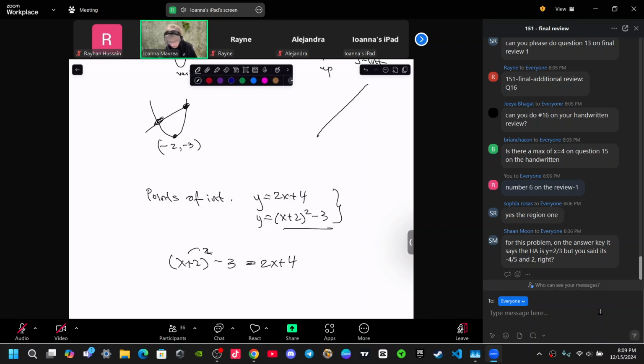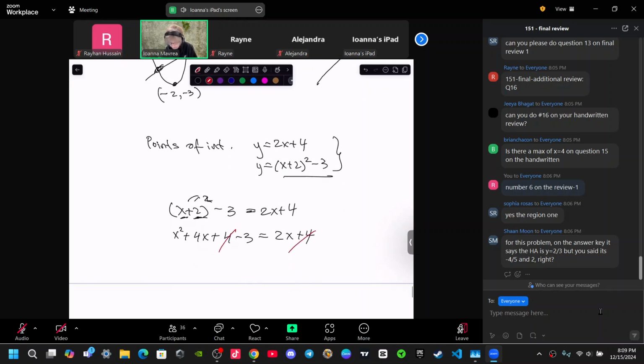So I'm going to expand this. So x squared plus twice first times the second plus the second squared minus 3 is equal to 2x plus 4. I'm going to get rid of the 4's because they're everywhere. And I'm going to bring everything together. So I have x squared plus 4x minus 2x minus 3 is equal to 0.